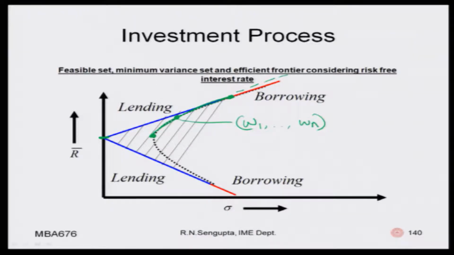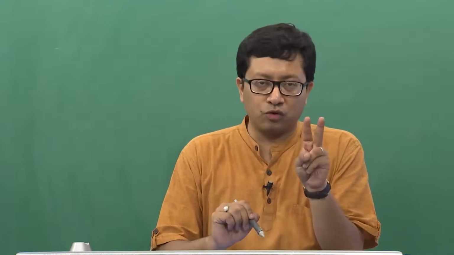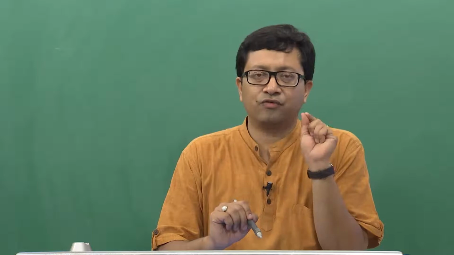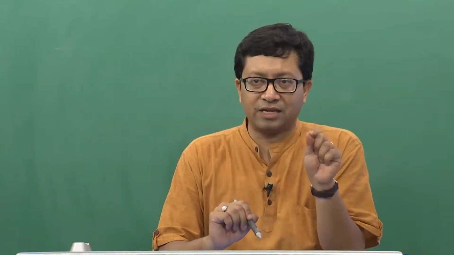If you draw a tangent to the initial efficient frontier, it would mean that any combination of two different portfolios, I am using the word portfolio in a very general sense. The first portfolio is the combination of all these n risky assets with weights W1 to Wn, and the (n+1)th is the risk free interest rate.